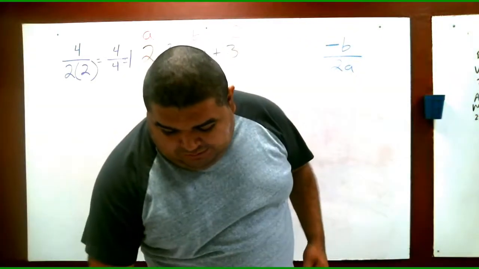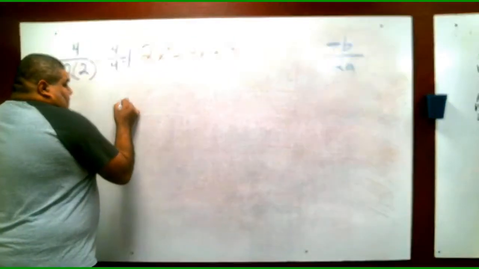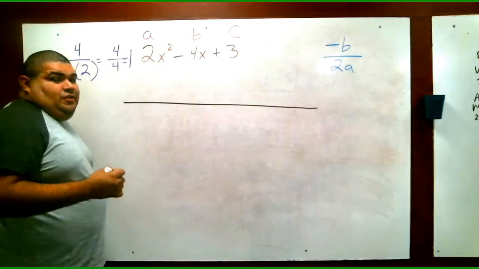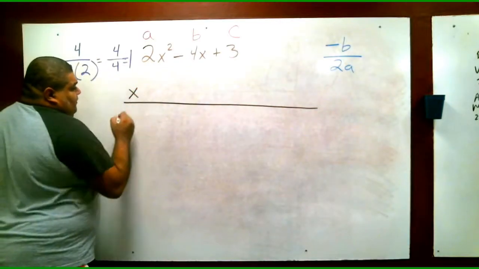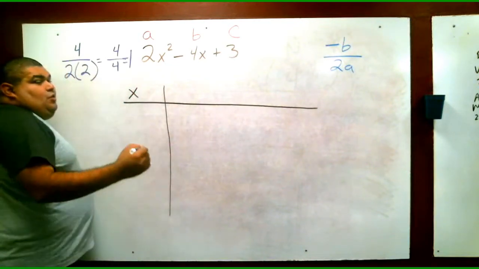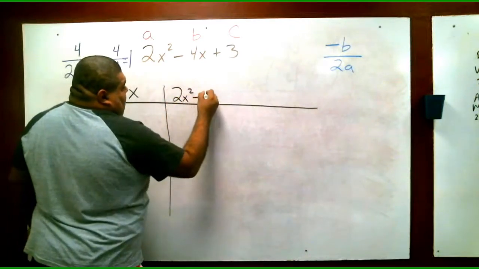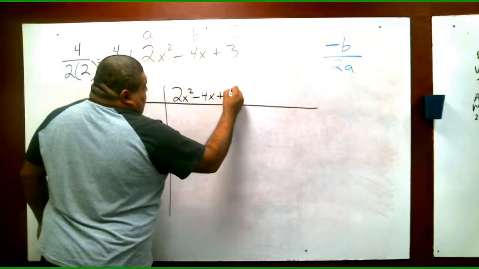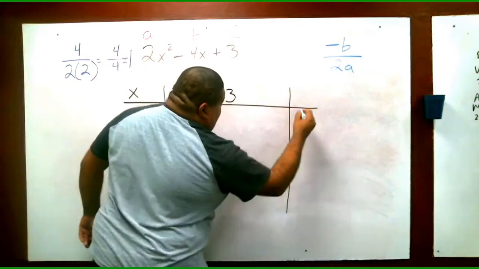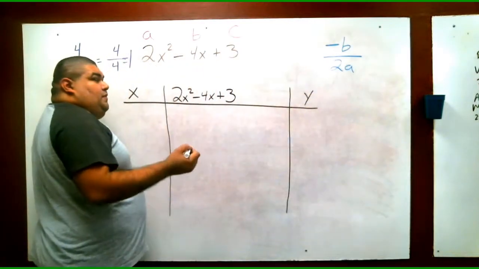So now we're going to make a chart. On this chart, we're going to have x for our x-axis, our equation, which is 2x squared minus 4x plus 3, and our y, because that's what we're solving for.